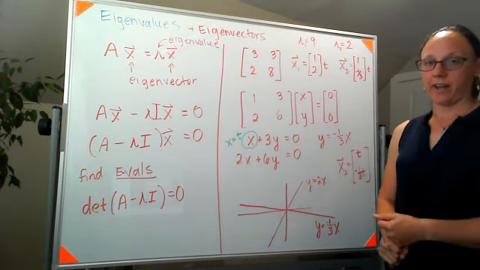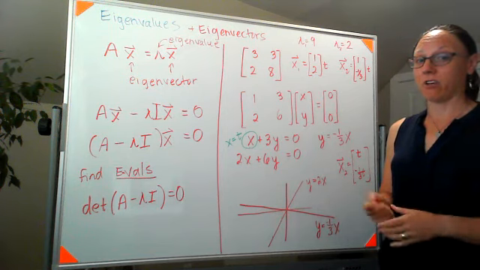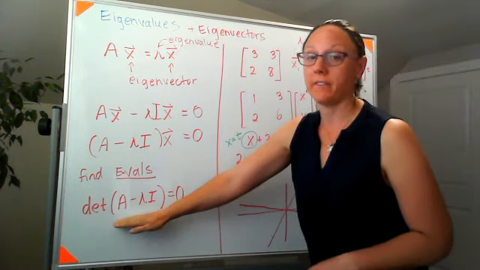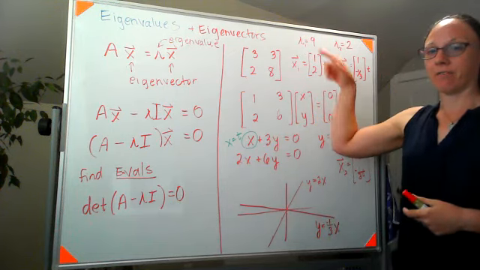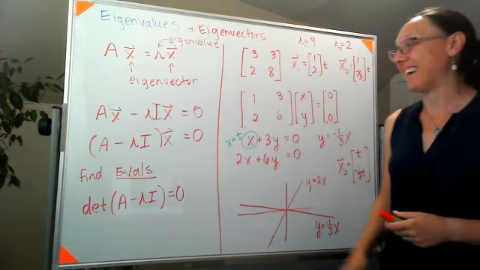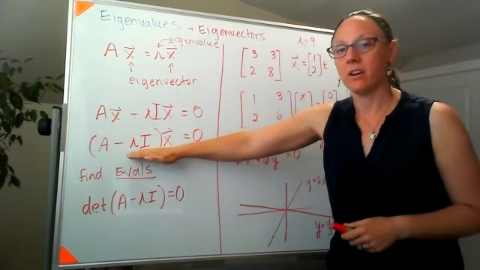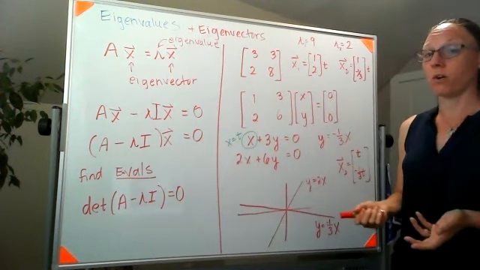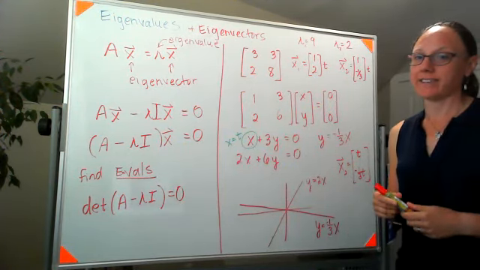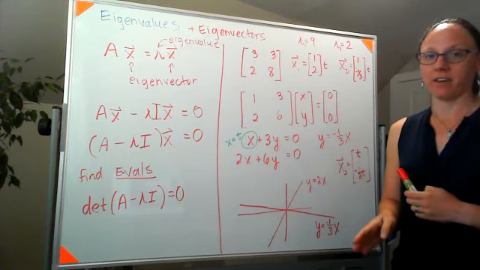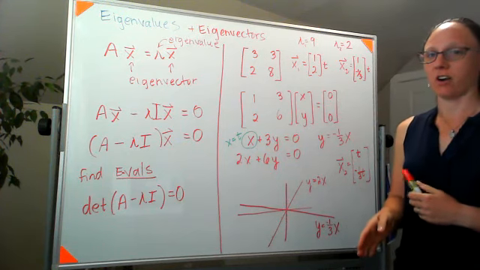Just a quick recap. I'm going to find my eigenvalues always by looking at the determinant of A minus lambda I. Once I've got those eigenvalues, I'm plugging them back into this equation right here to solve for my eigenvectors. Eigenvectors are not unique. It's never a specific eigenvector that's your answer.